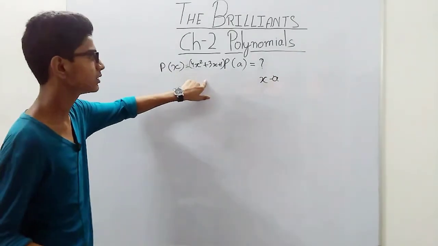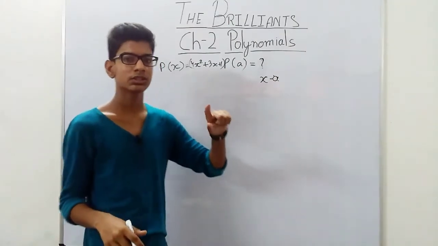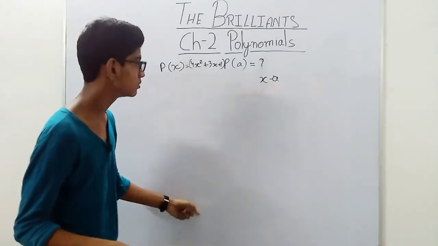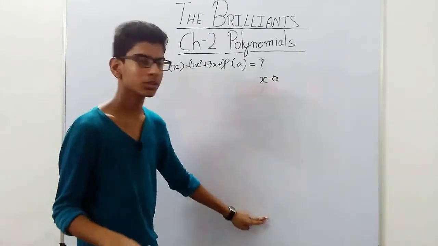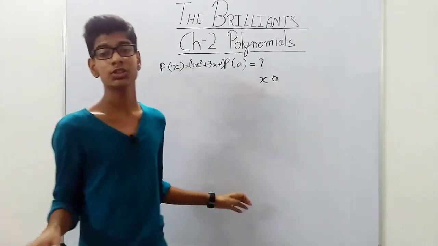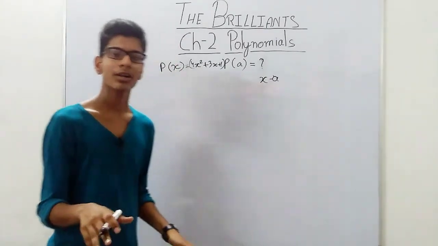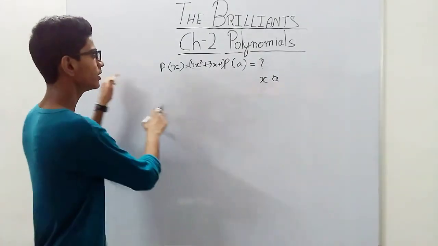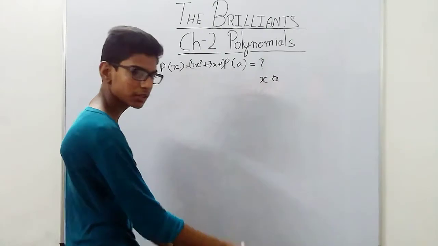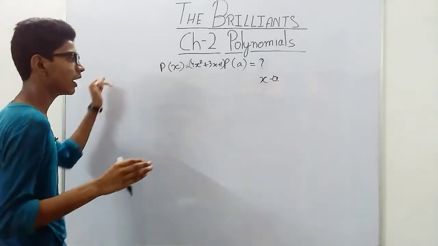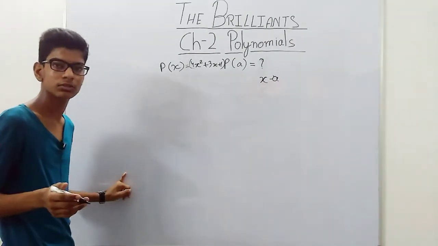For this there are two ways. The first, we divide by the division method, and if the remainder is 0, it is a factor, and if the remainder is not 0, it is not a factor. Or the other way is like we did in the remainder theorem, where we don't do a long division but simply put the value of a.